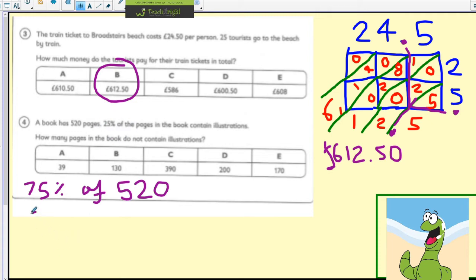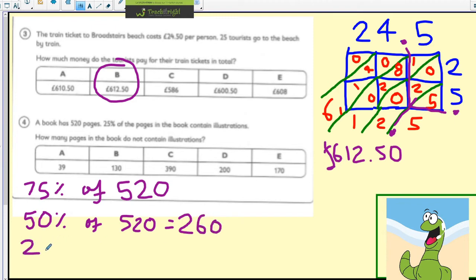I think the way I'm going to do it is I'm going to actually work out what 50% is. And the way I would do that is I would halve my number. So 50% of 520 is going to be half of 520. So that's going to be 260.